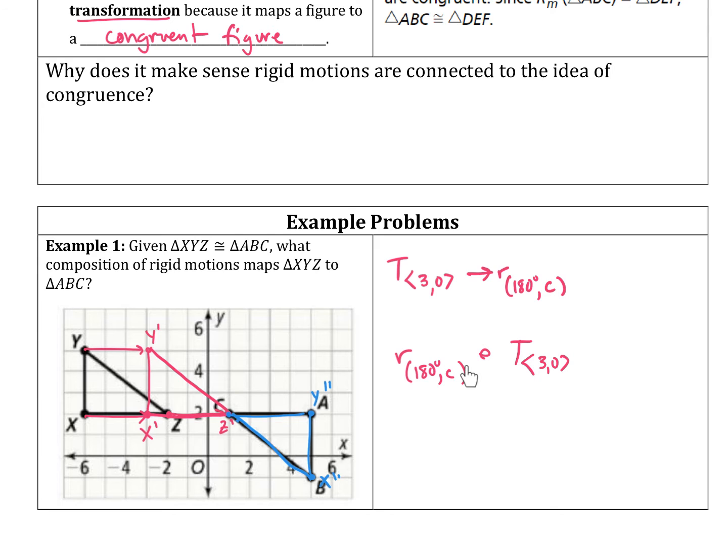It's a rotation by 180 degrees around point C of the translation by 3, 0 performed on triangle x, y, z that would map it to triangle ABC. So this would be the rule for that composition of rigid motions that would do what I'm trying to do here.